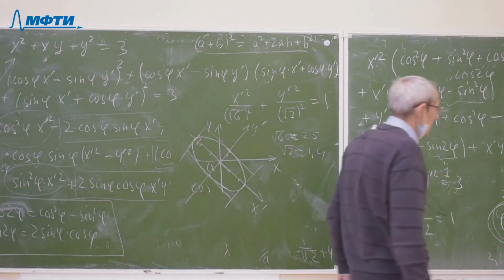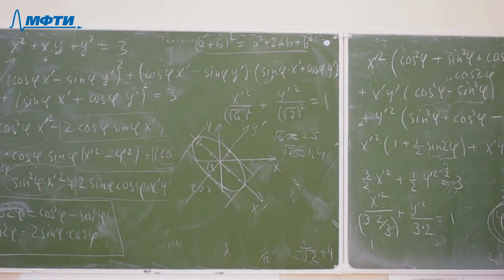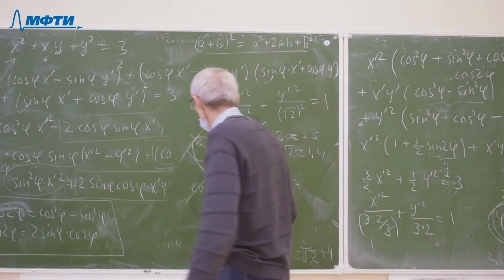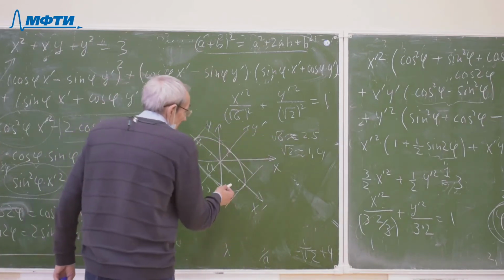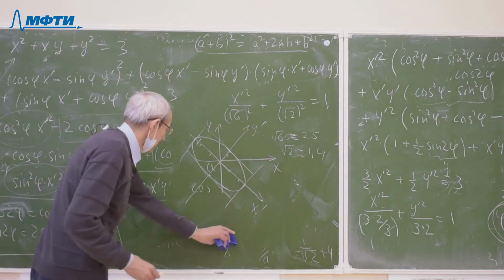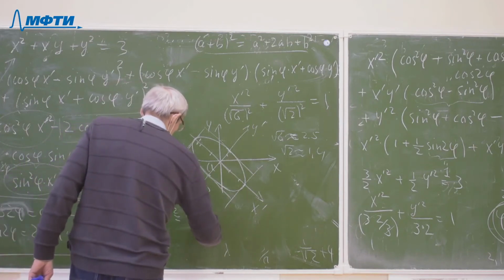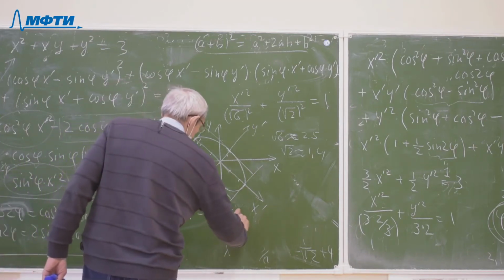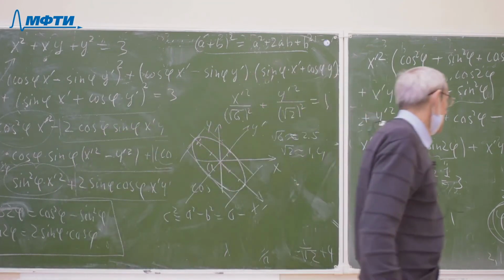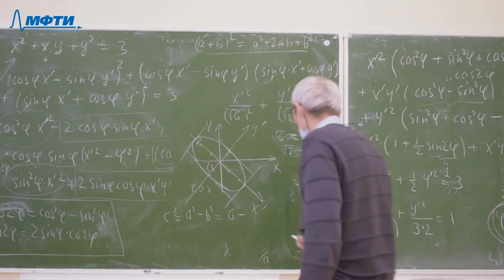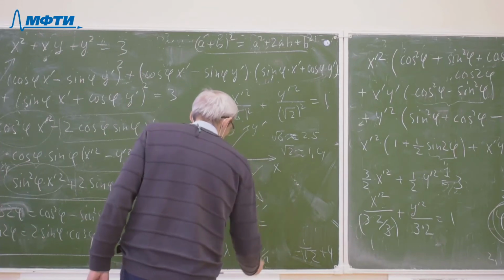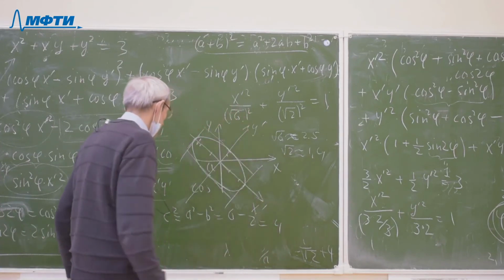We can also calculate the other parameters, the coordinates of foci. For example, c squared is equal a squared minus b squared, 6 minus 2 is equal 4.